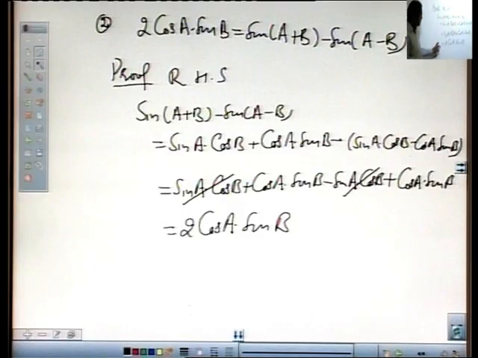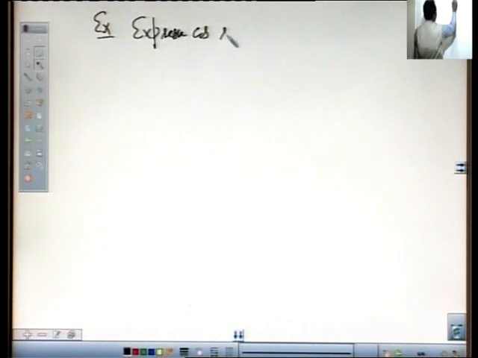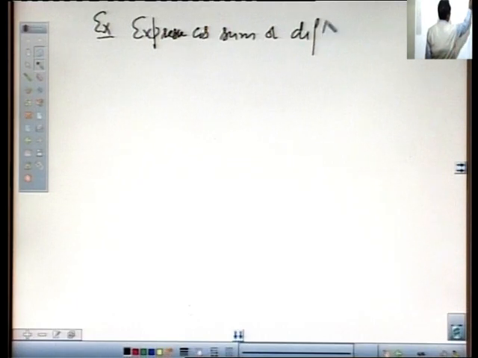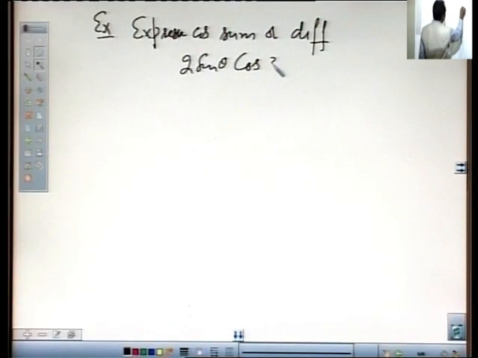Next, the question related to this formula: express as a sum or a difference 2 sin theta into cos 3 theta.